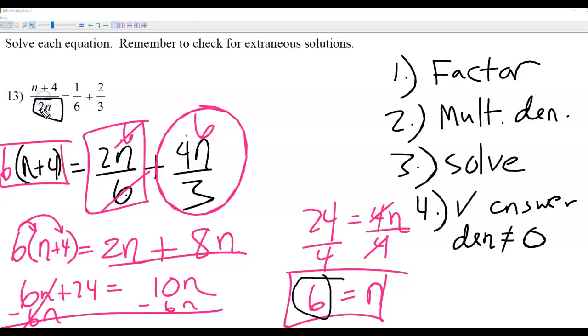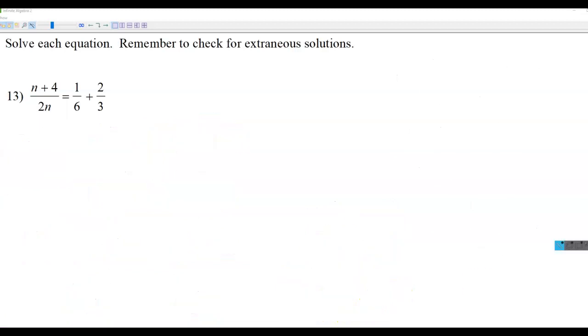If you plug in 6, what's 2 times 6? 12, right? That's okay. We're good. We're happy with that. But if you ever get an answer and when you plug it in, it makes one of the denominators equal 0, then we would have to throw that answer away and say that's an excluded value. Therefore, there's no solution. But in this case, 6 is not an excluded value. Therefore, this is my answer to my equation.